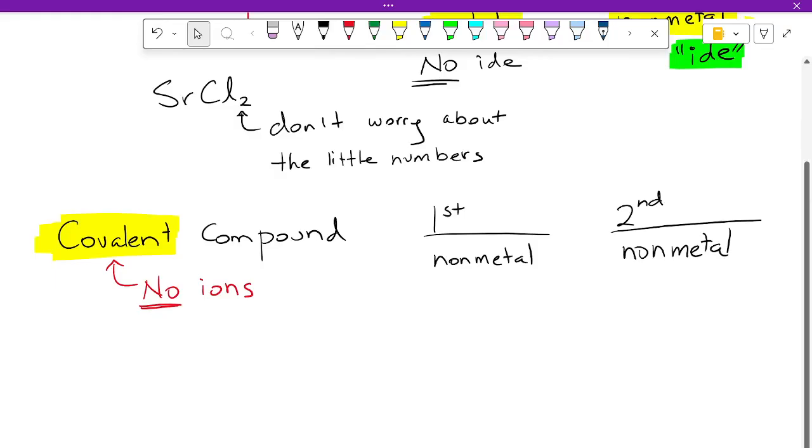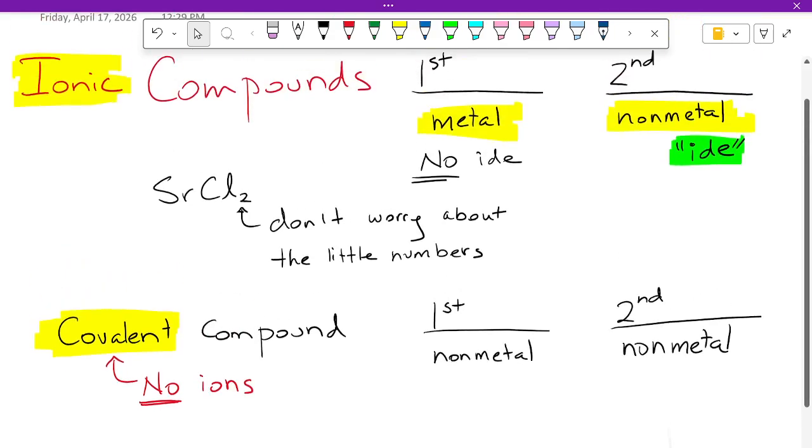Now, there's something that is the same about how we do covalent compounds and how we do ionic compounds. The second nonmetal, the ending changes to "ide." Oh, so that's just like it was before. What do you think we're going to do with the first nonmetal?